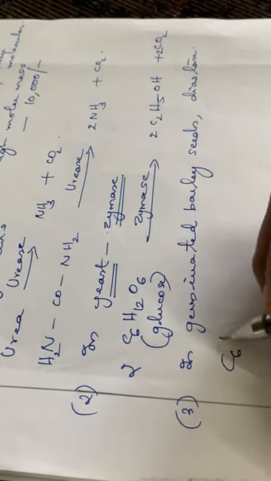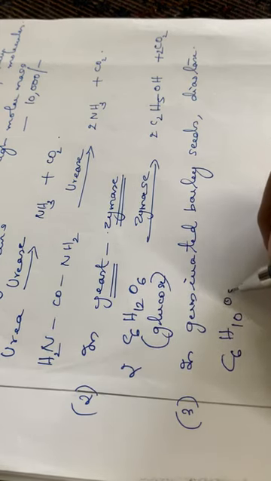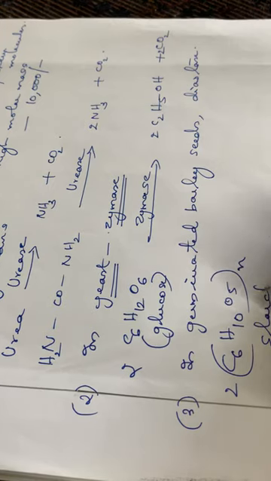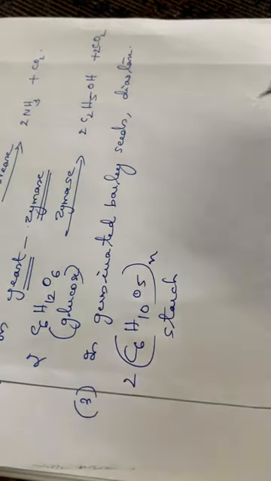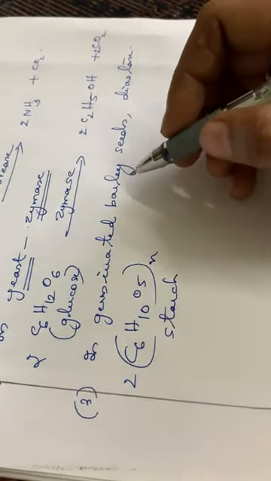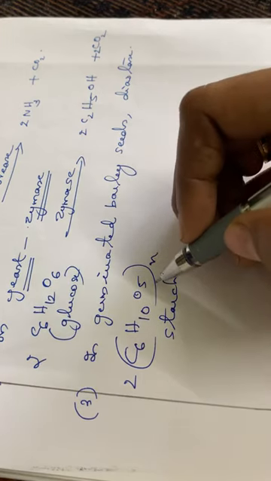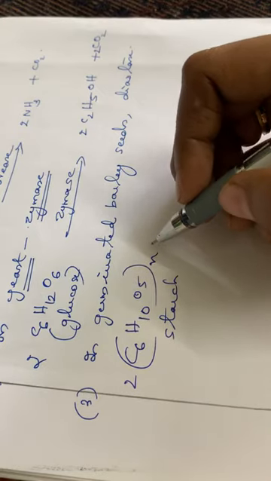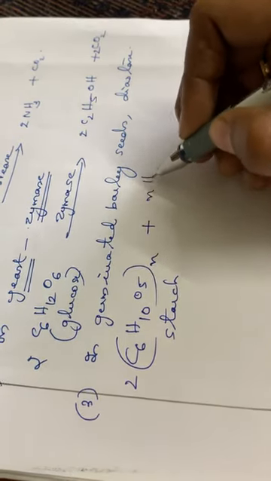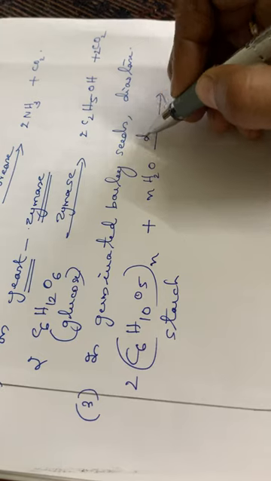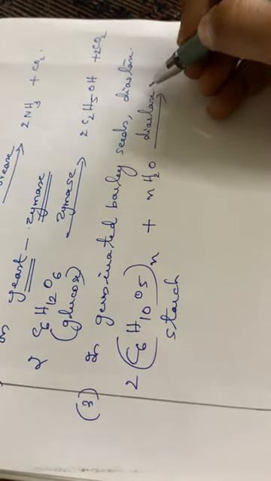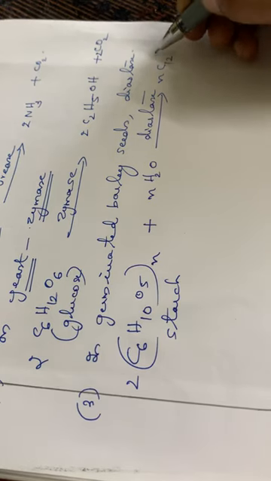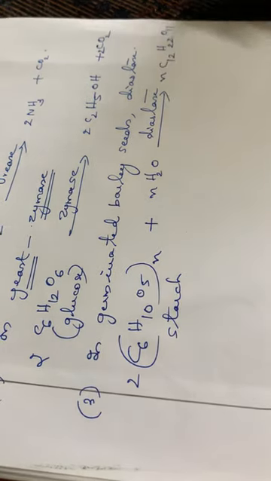This is the formula for starch, (C6H10O5)n. So starch plus n molecules of H2O, in the presence of the enzyme diastase, will be converted to maltose, C12H22O11.